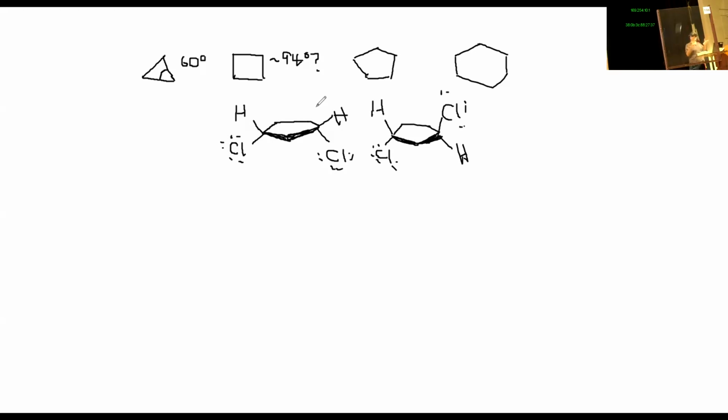There's different types of bonds in the 2 molecules. With stereoisomers, they have the same molecular formula, and the atoms are connected the same way. They have the same types of bonds, the same number of carbon-chlorine bonds, same number of carbon-hydrogen bonds, and so forth, these 2. But the atoms are arranged differently in 3-dimensional space. So that's what we mean by stereoisomers.